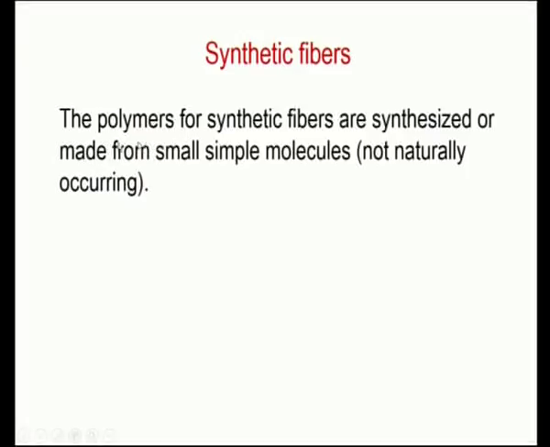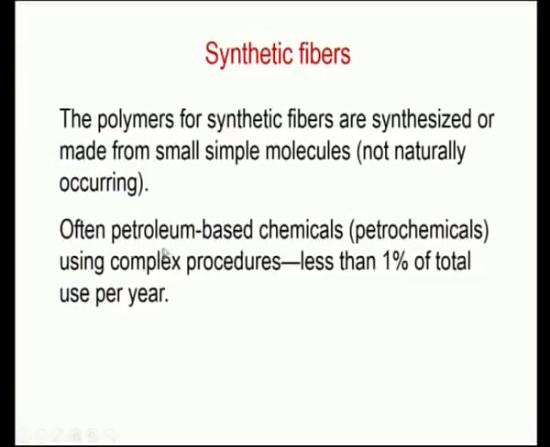The polymers for synthetic fibers are synthesized or made from small simple molecules, not naturally occurring. So, a synthetic fiber should not be naturally occurring. Via chemical polymerization, you can produce fiber material, often from petroleum based chemicals, also known as petrochemicals, using complex procedures.